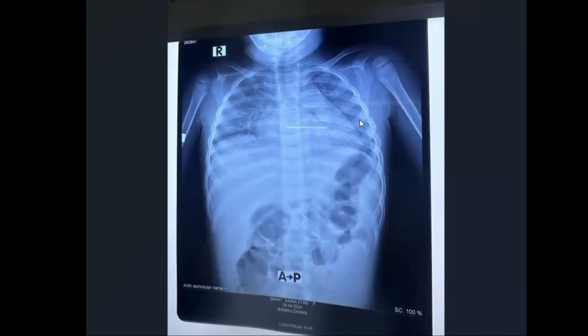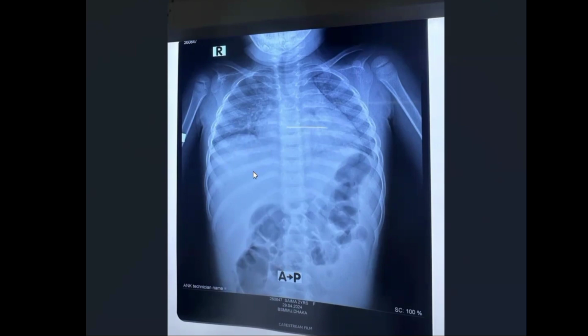And the cardiac silhouette, that is shape and size of the heart, seems to be normal, as it is anterior posterior view. Cardiac shadow or silhouette, we should not comment about this, because in PA view it is usually easy to comment.